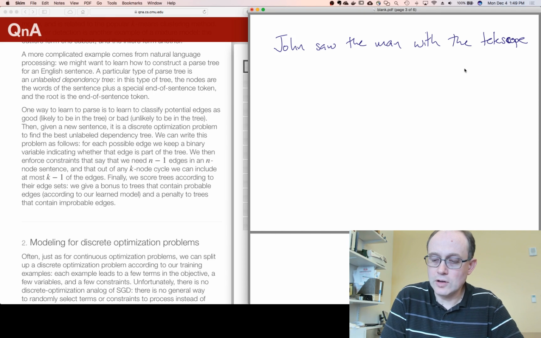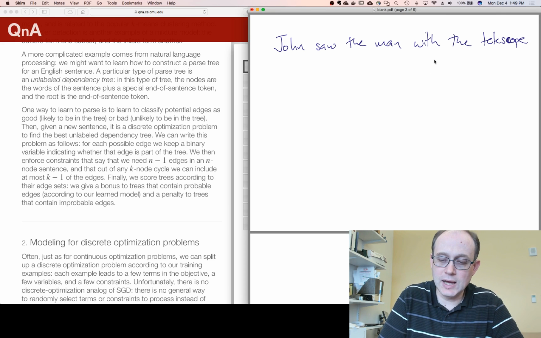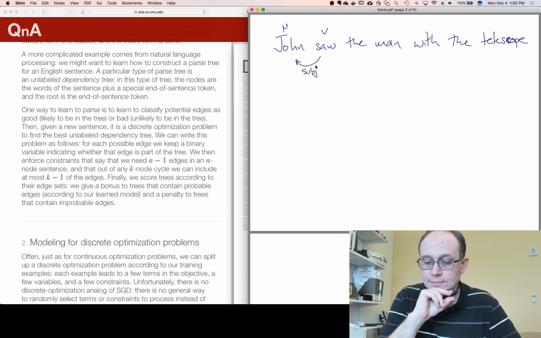Your natural language processing system might want to make some kind of a parse of this sentence, right? So, for example, it might want to say that saw is a verb, John is a noun, and John is the subject of the verb, right?